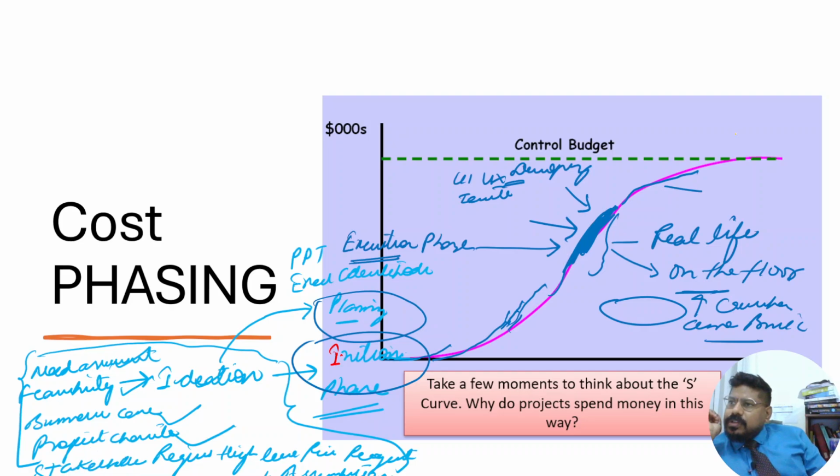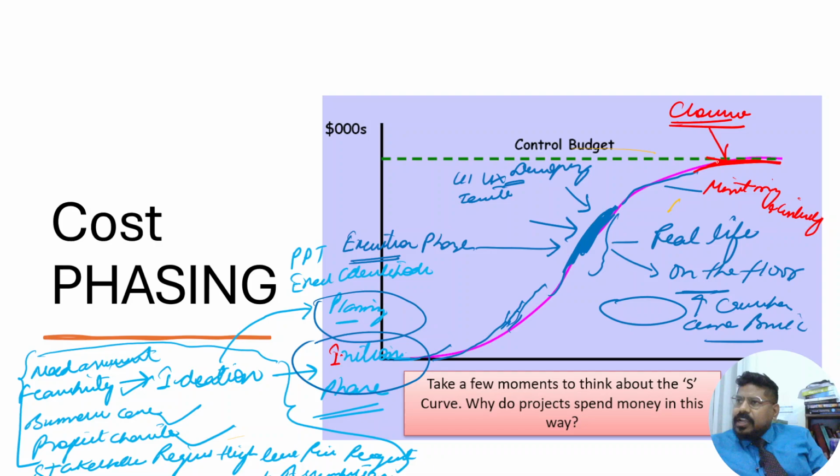Let's use this one, monitoring and controlling. No, that's not a good color. Let me use something else. Here comes monitoring and controlling, which is happening simultaneously with the execution phase. And here is closure. So your activities are slowing down.